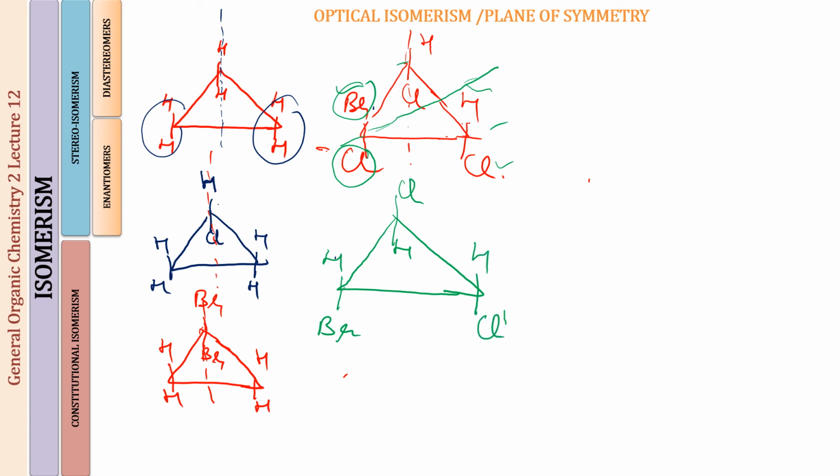So now if I make a plane of symmetry like this, what you will be able to see is that on the two sides, yes, you have a carbon with a hydrogen and a chlorine, but on one side the chlorine is going to be above the plane of the ring, and on the other side it is going to be below the plane of the ring. Similarly, hydrogen is below and here the hydrogen is above. So this will not be a plane of symmetry. This molecule will have no POS. Okay, so just remember this, that this molecule will have no POS.